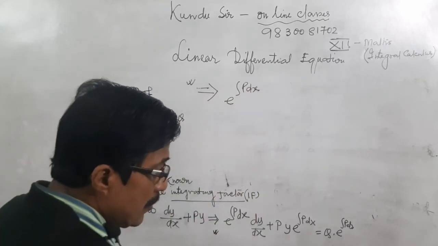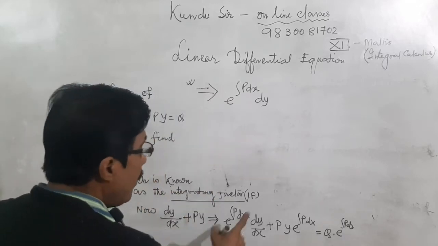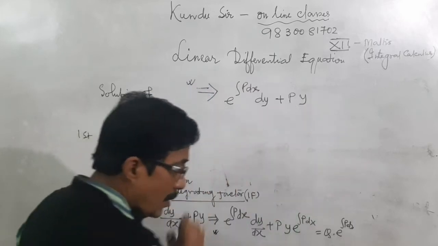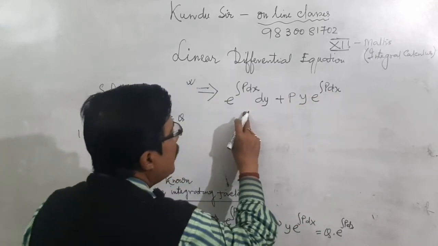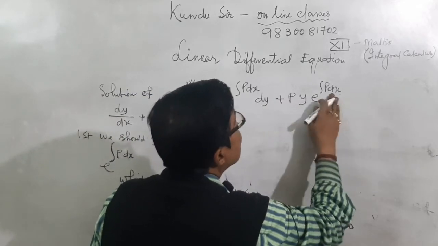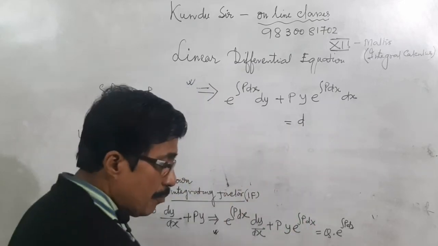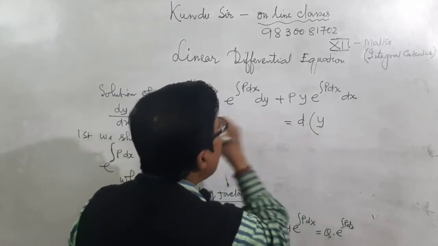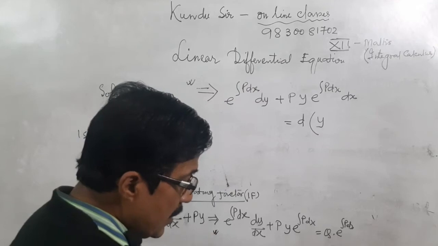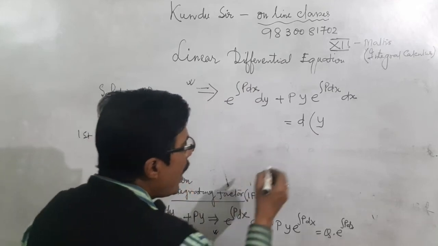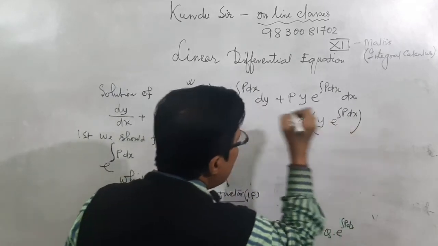e^(∫P dx) into dy dx plus Py, and e^(∫P dx), it is dy, so it is dx. e^(∫P dx) d equal to, what can we write? d of y e^(∫P dx) equals Q e^(∫P dx) dx.